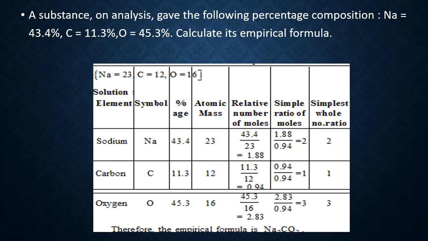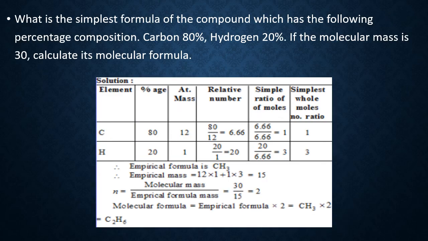This is a compound of carbon and hydrogen. The respective percentages are given, the atomic masses are given, and the molecular mass is given. When the molecular mass is given, you have to calculate the molecular formula. Element, percentage, respective atomic mass: 80 by 12, divide this by this. So this is the fraction. The least number is 6.66, divide, and the ratio is 1 to 3.